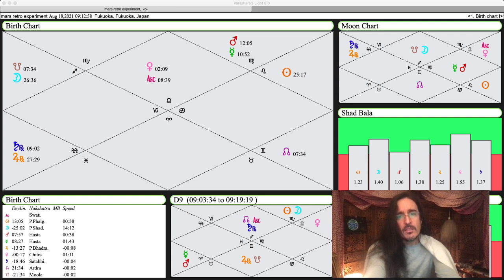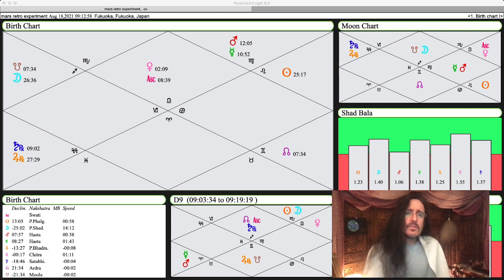The Mars and Sun. Mars is at 7 degrees, 57 minutes. Let me see what kind of. This is what's annoying about the software, where you have to switch back and forth. Mars is at 7 degrees, 57 minutes Virgo.